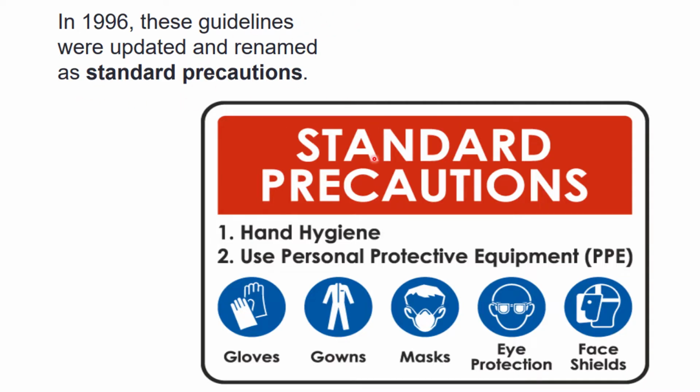Standard precautions are a set of infection control practices used to prevent transmission of diseases that can be acquired by contact with blood, body fluids, non-intact skin that includes rashes, and also the mucous membranes.